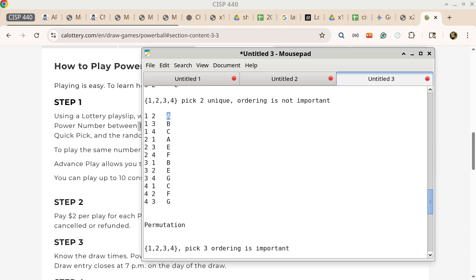So if each combination has m items, then for each combination there are m factorial permutations. So that's why we divide the whole thing by m factorial. Then we reduce the number of permutations to the number of combinations. When you expand this whole thing, it becomes n factorial divided by (n minus m) factorial times m factorial in the denominator.